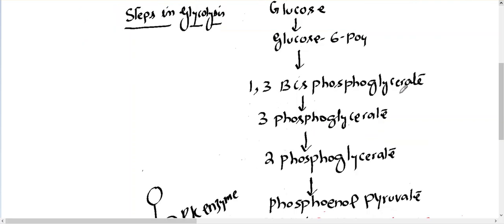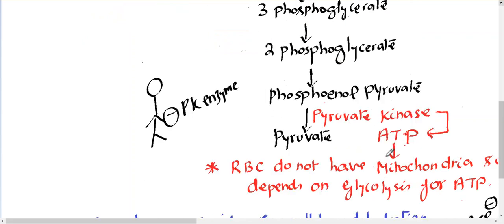Then 1,3-bisphosphoglycerate, then 3-phosphoglycerate, 2-phosphoglycerate, and then phosphoenolpyruvate will get converted to pyruvate. And what is the enzyme? That is pyruvate kinase. So when pyruvate kinase is forming pyruvate from phosphoenolpyruvate, it will generate ATP.